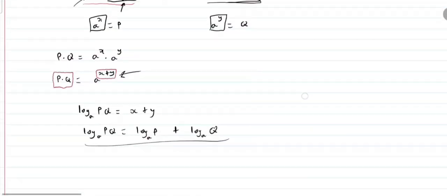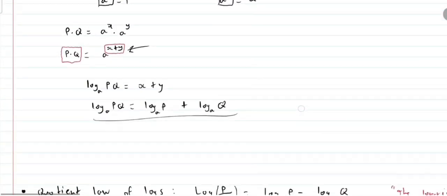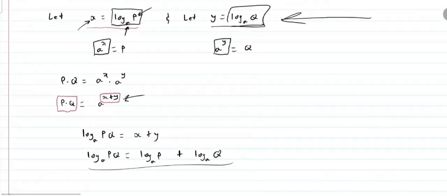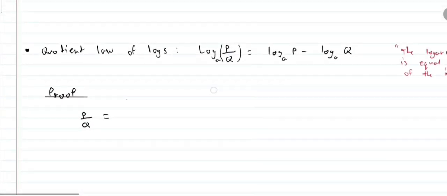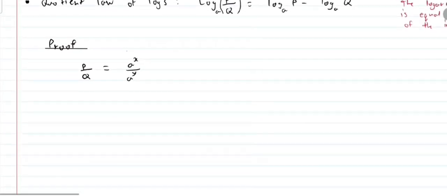I'm going to use the same statements up here, but instead of multiplying p and q, I'm going to divide p by q. Right? So p divided by q is equal to a to the x divided by a to the y.